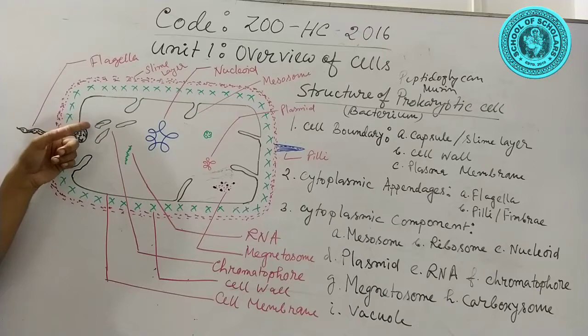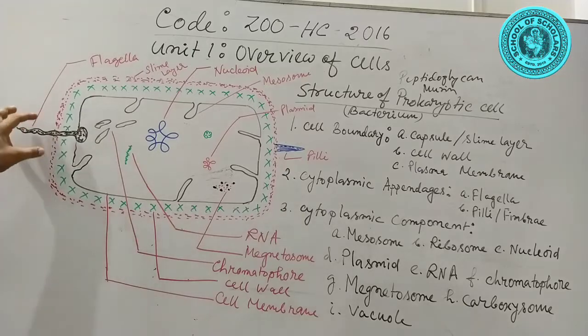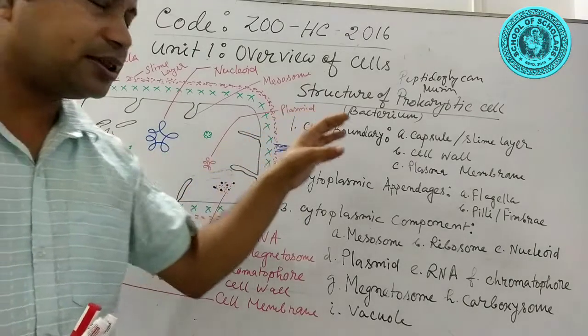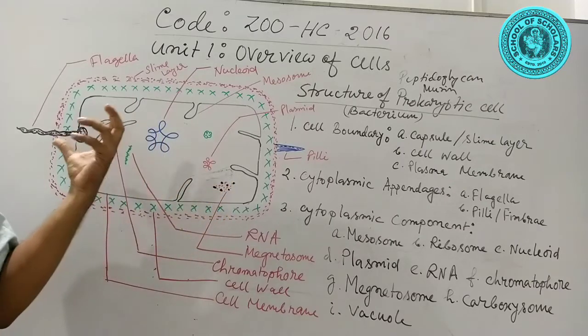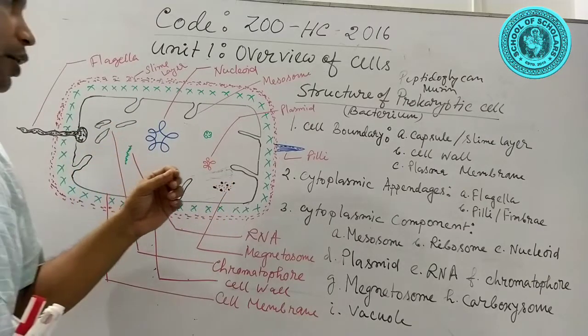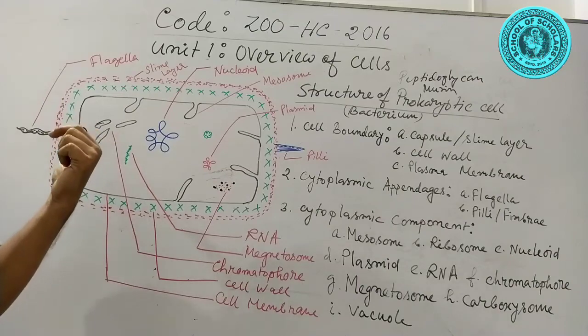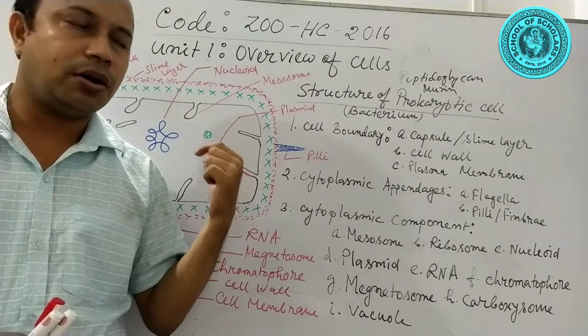It originates from a granular structure which is called the blepharoplast or basal body. The main function of the flagellum or flagella is movement of the cell, and the flagellum is formed of a protein called flagellin.